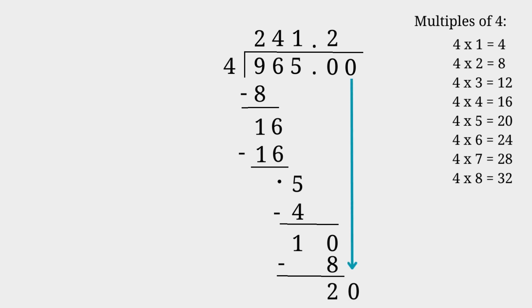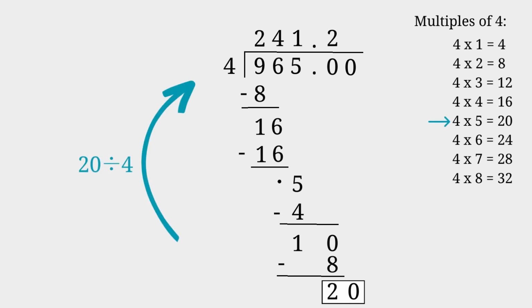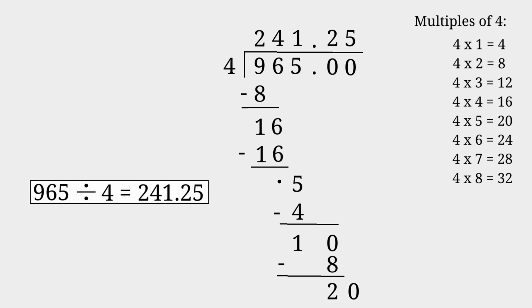The 2 changes into a 20. And 20 divided by 4 gives you a whole number, which is 5. And now you can end off your calculation. 965 divided by 4 is 241.25.